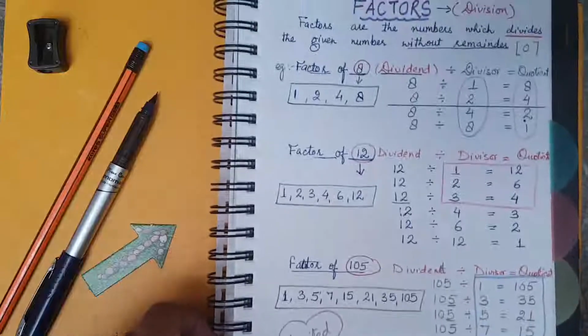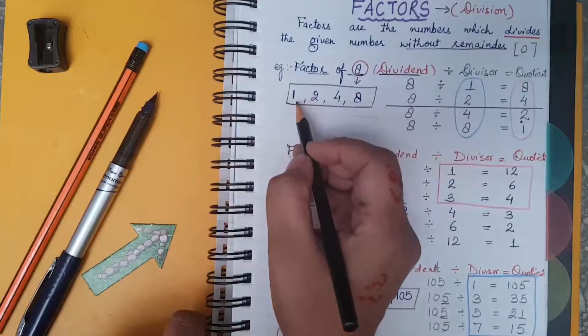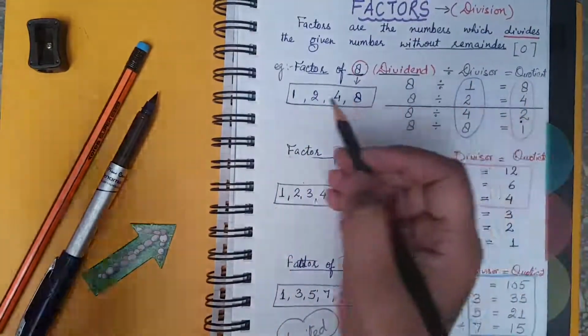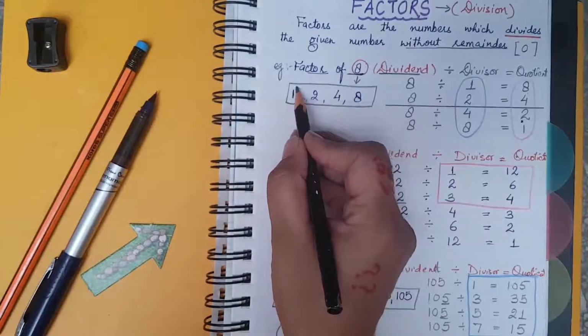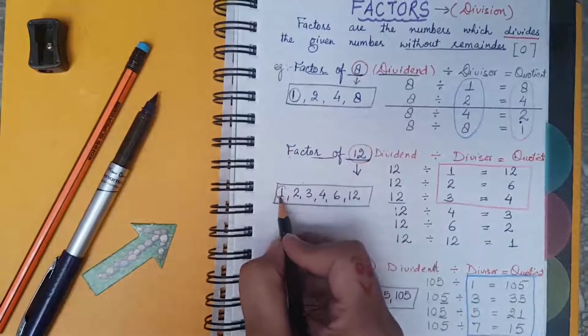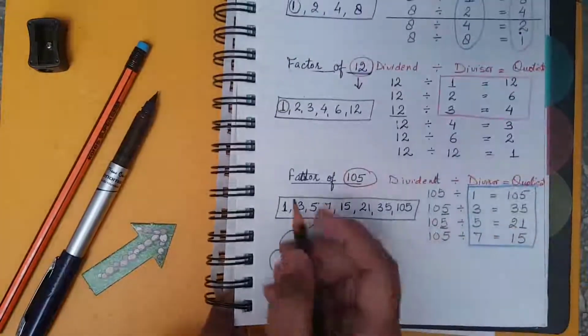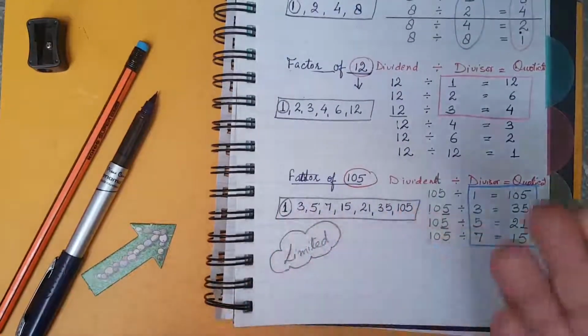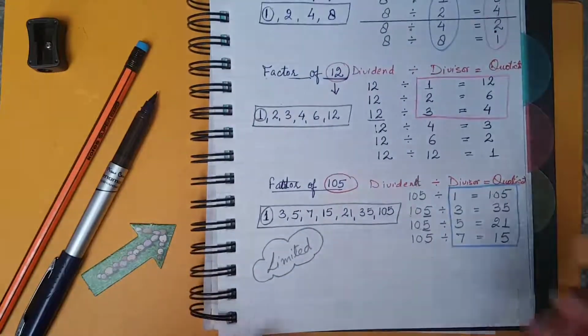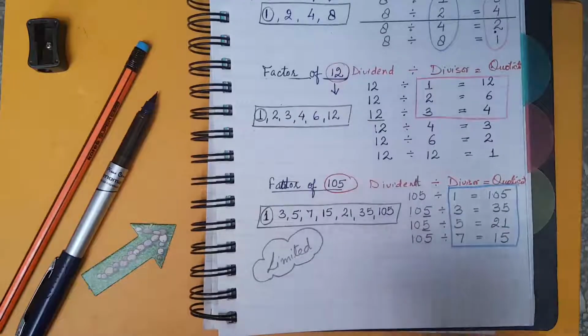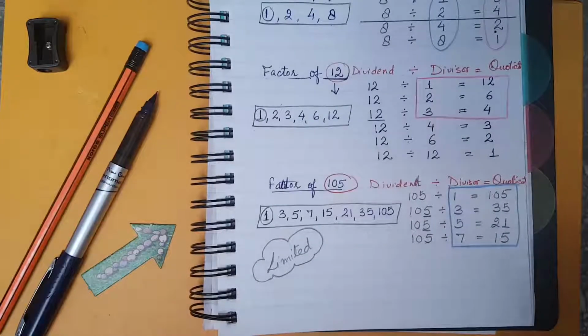And if you observe here, for any number, the smallest factor is 1. Right? This is the main question that can come in any type of exam. What is the smallest factor of any number?